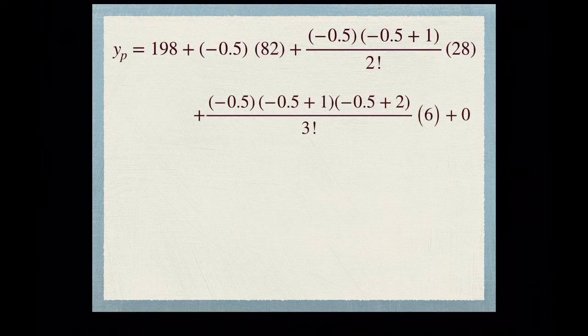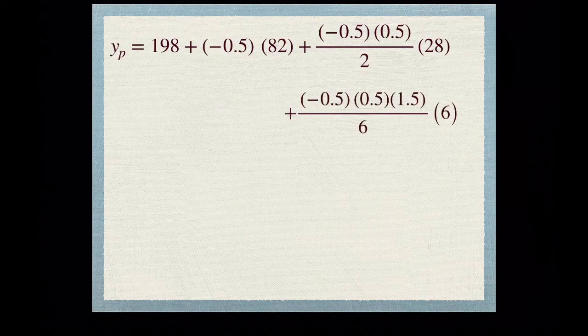Next, in the numerator we have minus 0.5, the p value, minus 0.5 plus 1, which is p plus 1, minus 0.5 plus 2, which is p plus 2, divided by 3 factorial into 6, which is del cube yn. And the last value, as we know, del power 4 yn is 0, we will directly mention it as 0, right?